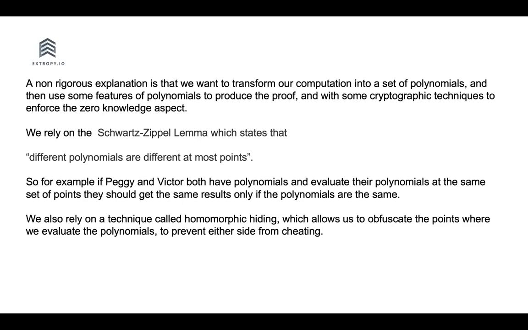When we're trying to prove that we know something, what we end up doing is really showing that some polynomials are matching. And we know, because of this lemma, that if the polynomials didn't match, then any point that we chose to evaluate these polynomials would come out with different results. So it would be very difficult for us to have two polynomials that are different that actually agreed when we evaluated them at a particular point.